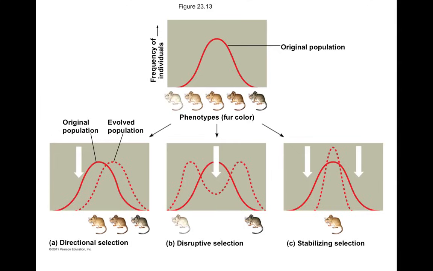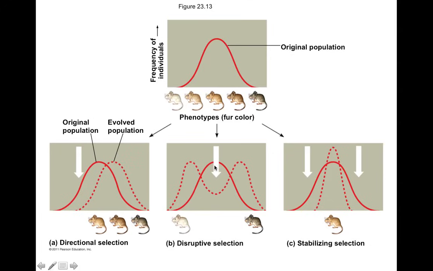What if having a darker color morph was more selective because of changes in the environment? The original population, the majority of individuals may have been in this color range, but if being darker became more advantageous, we would see a shift in the distribution of the color morphs towards darker. And this is a directional selection event going from this peak to this peak.